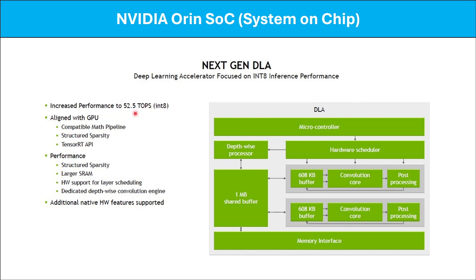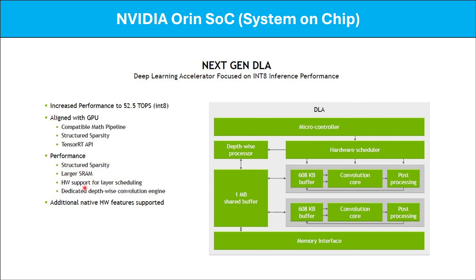For the video signals, aligned with the GPU compatible math pipeline, structured sparsity, TensorRT API. This is very popular. Maybe it can be approached with TensorFlow, which is part of Python. But we will see. This is very interesting. Performance structured sparsity. I'm not sure what it means.